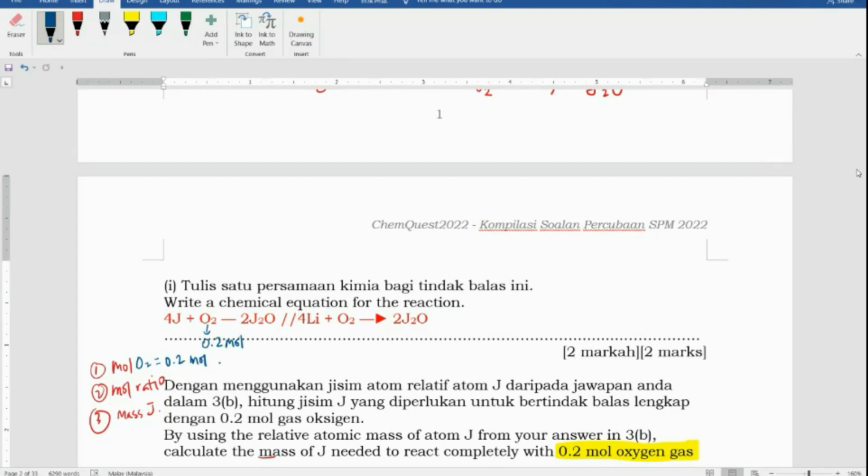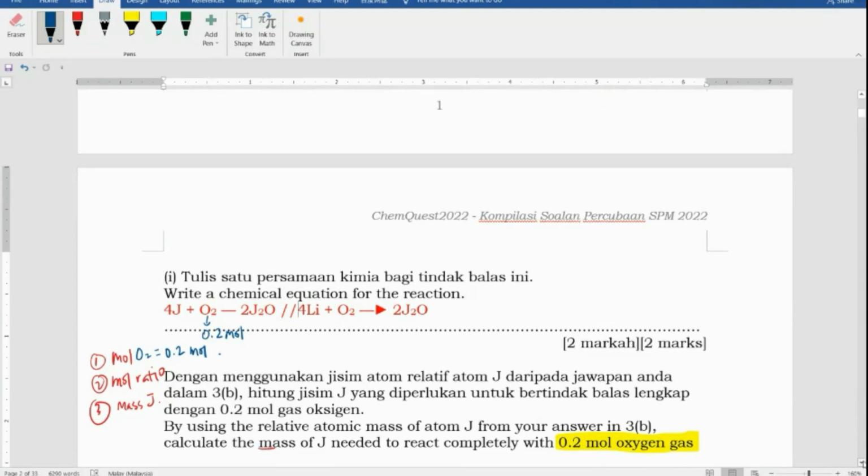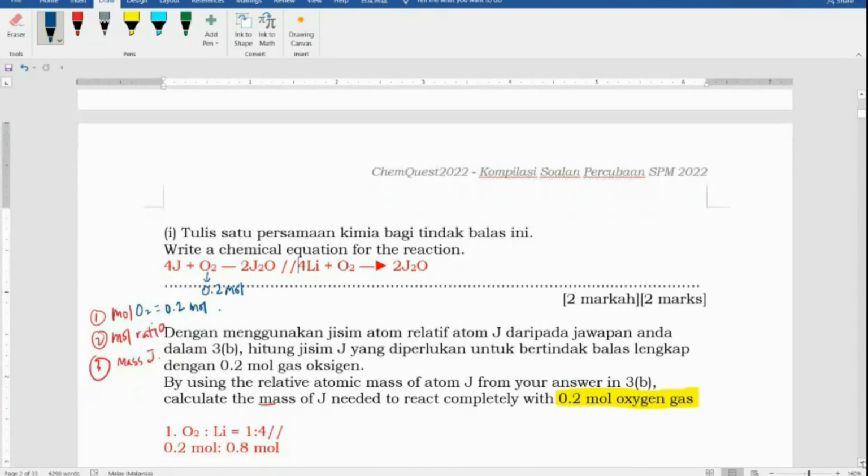J. Okay, good. O with the J, correct? So mole ratio of O with the J is directly like this.